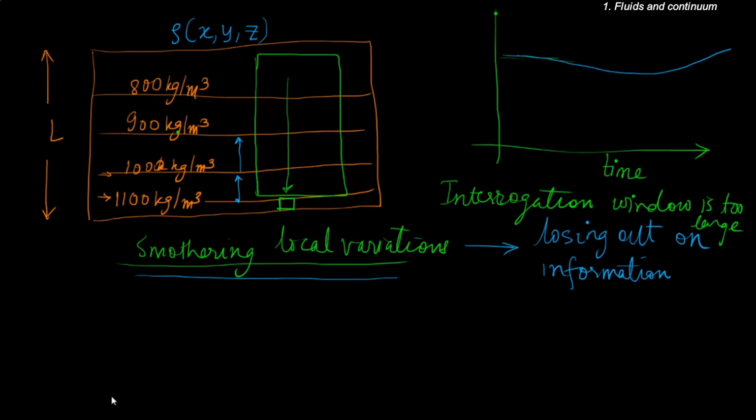Okay. So there must be some length scale which is larger than the mean free path of the molecule and much smaller than the room length scale, inside which I can obtain a nice average while at the same time being able to describe the local variations.